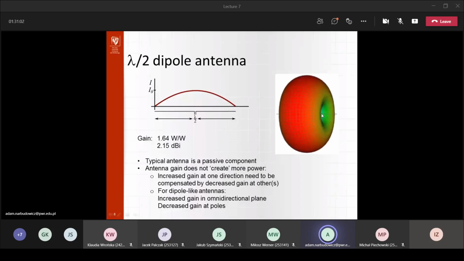And there are two factors. As you can see here, the pattern is torus shaped, which means you have two directions which are nulls, which radiate practically no energy. These are the directions along the top and bottom of your antenna, where there's no energy radiated.